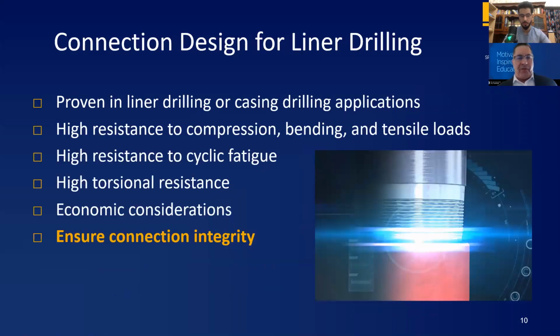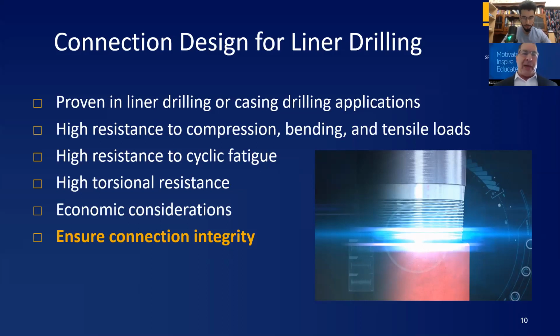Very important for liner or casing drilling is the connection design. Why do you all think it's important? The biggest reason is because you're going to be rotating for several thousand revolutions, as we like to call it, K-revs, or 1,000 revolutions. What happens when you rotate for several thousand revolutions?